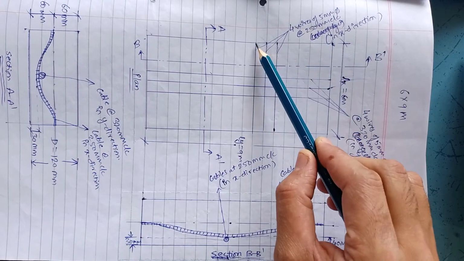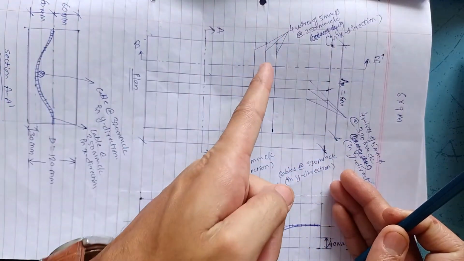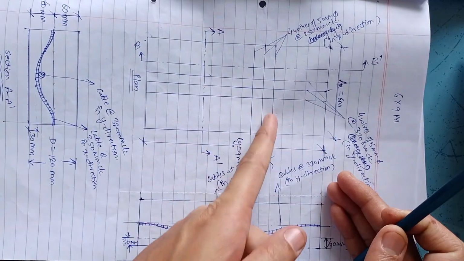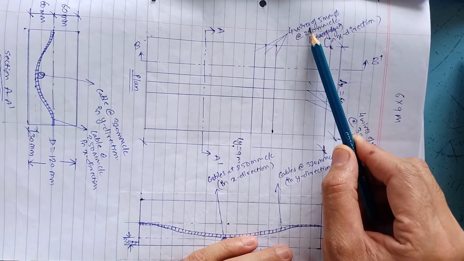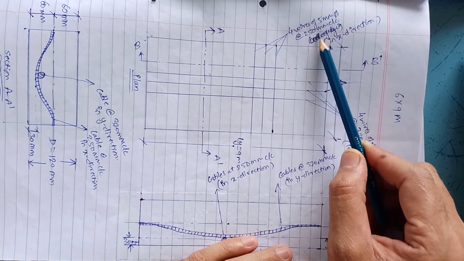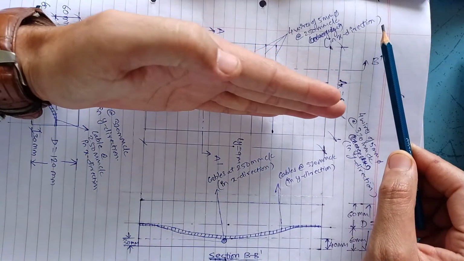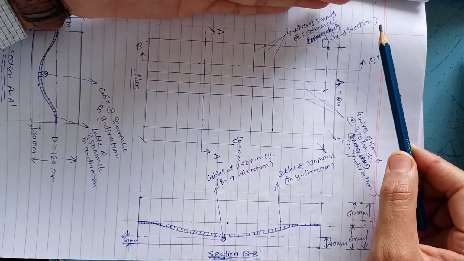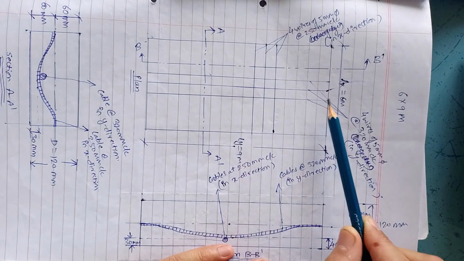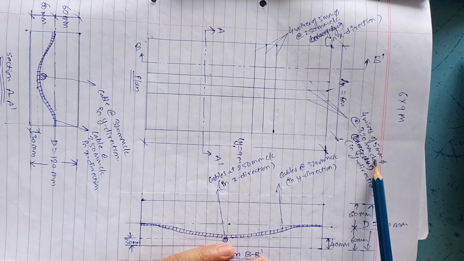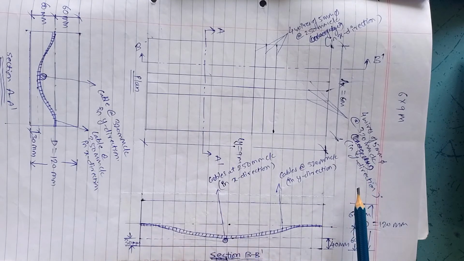These are the cables placed along the LX direction, that is 4 wires of 5 mm at 250 mm center to center in X direction. And these are the cables placed along the Y direction, that is LY, 4 wires of 5 mm spaced at 320 mm center to center in Y direction.